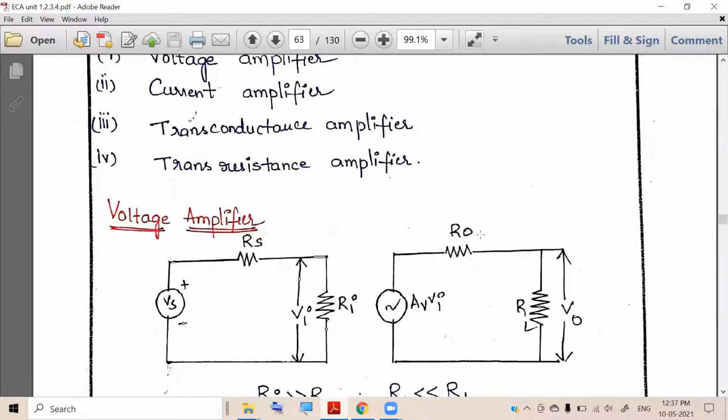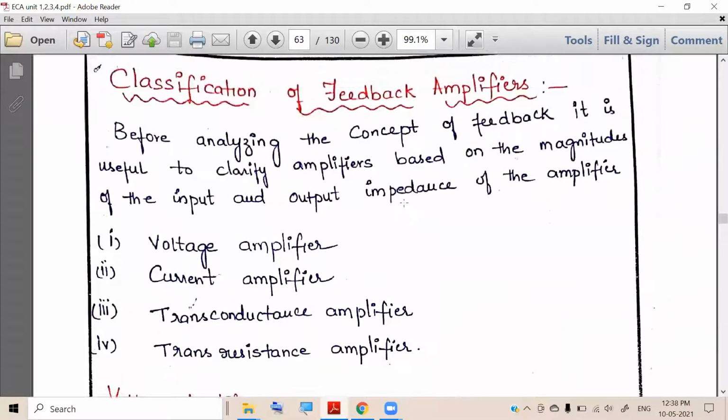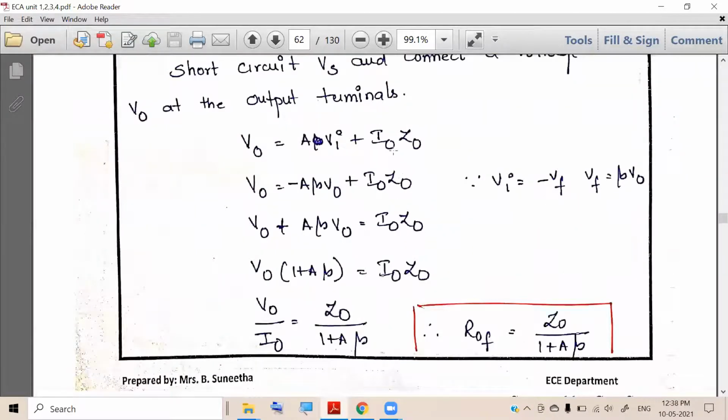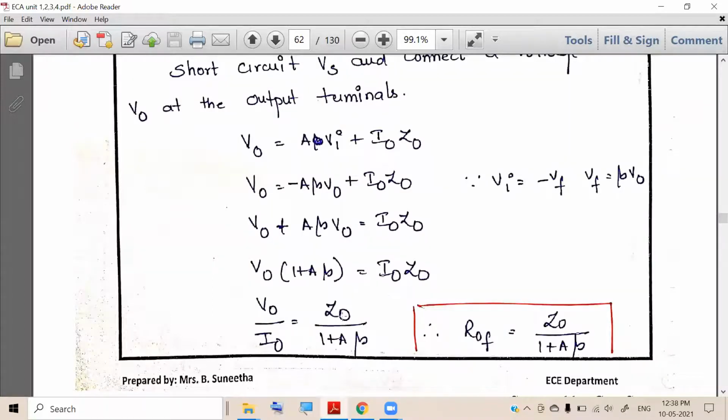V0 will be I0 R0 plus ABVI. Some textbooks, some authors will take it as Z, some will take it as R. Whatever the question asks, if they ask impedance, then you put Z. If they say input resistance, then you put R.